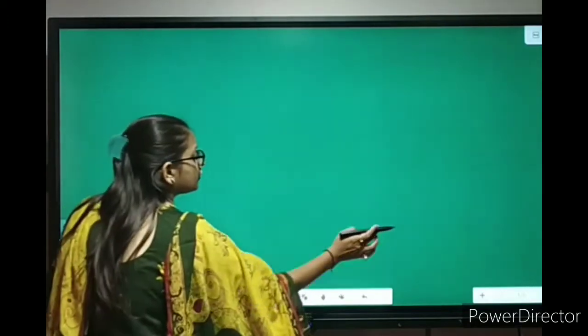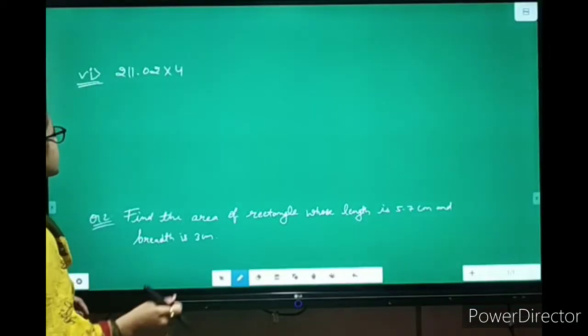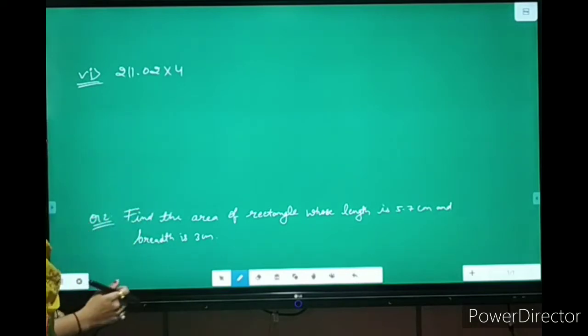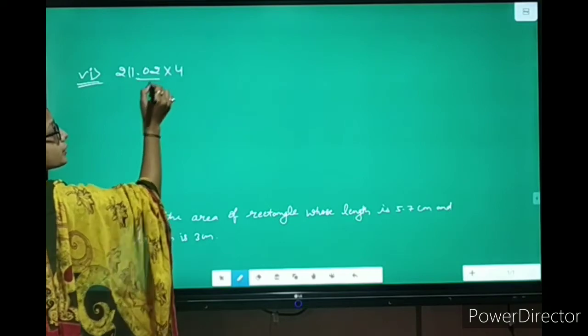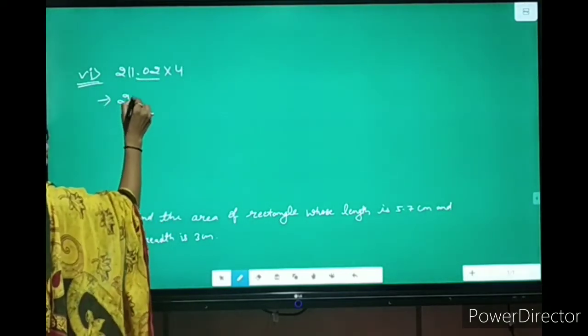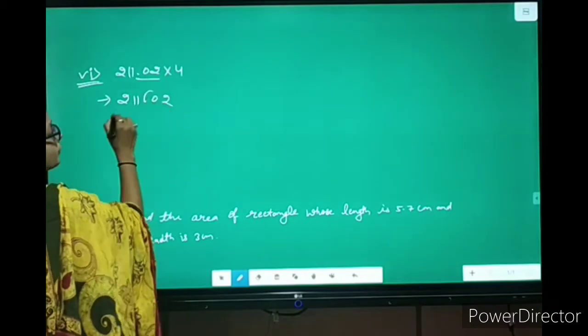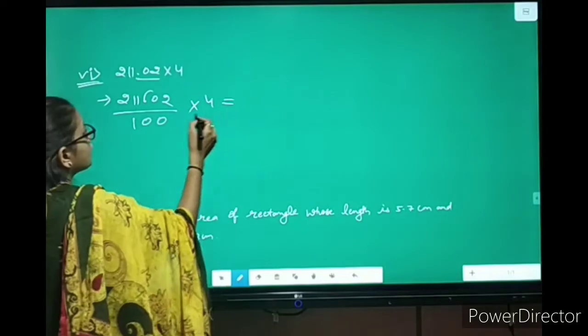Next, question number 6 is 211.02 multiply by 4. There are two digits right of the decimal point. So we can write, remove the point, upon 100 multiply by 4.